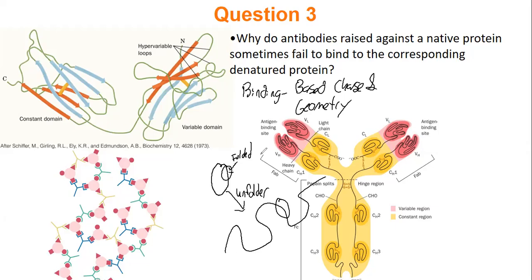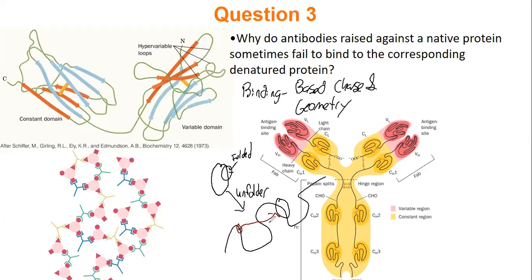So maybe in my folded protein, let me get a different color here, this part of the protein is also near here, and that's what my antibody is recognizing. But in an unfolded protein, my antibody cannot recognize that. So antibodies are extremely specific, and if antibodies will bind to a protein, they will usually only bind to one form of that protein.